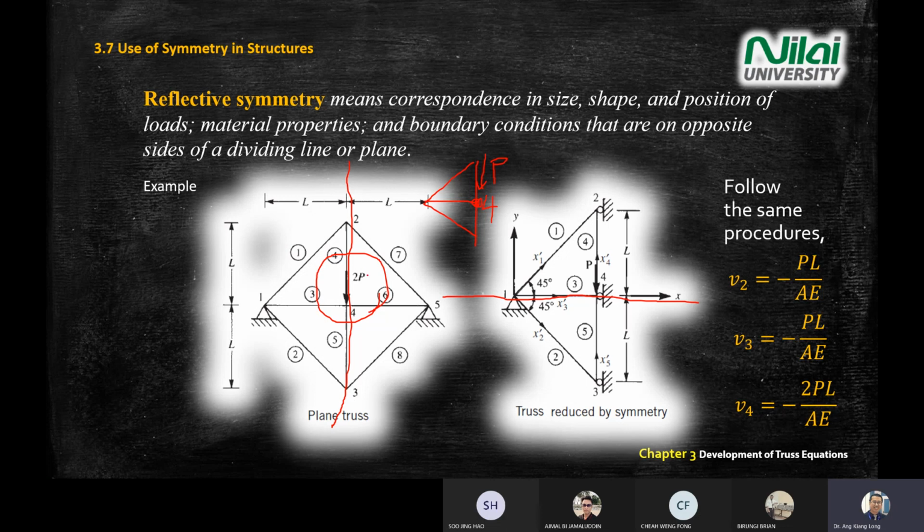You need to divide the load by half and not use the full loading, because you're only simulating half of the object. After you find the displacement, when you try to prove whether it's equivalent or not, you need to multiply P by 2. You can see whether the structure is stable or not.